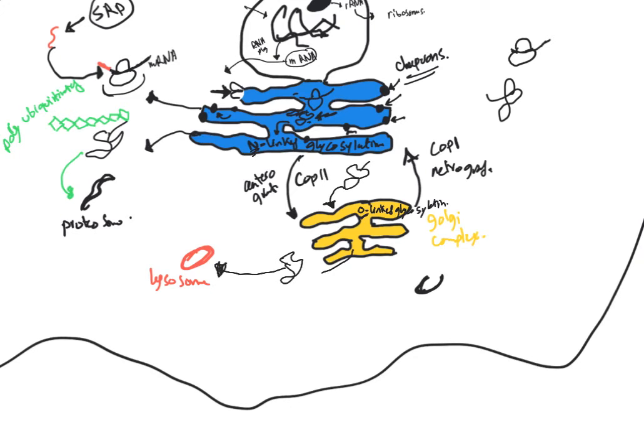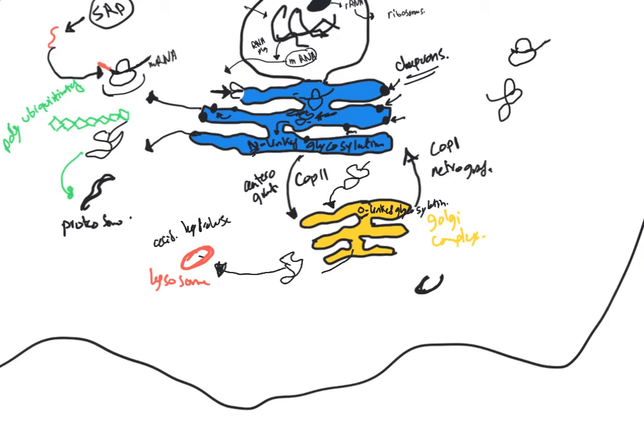This time it's not going to go to the proteasome, it will go to the lysosome, where it will be degraded. The lysosome also has its own acid hydrolase, right? The acid hydrolase that is specific for the lysosome.